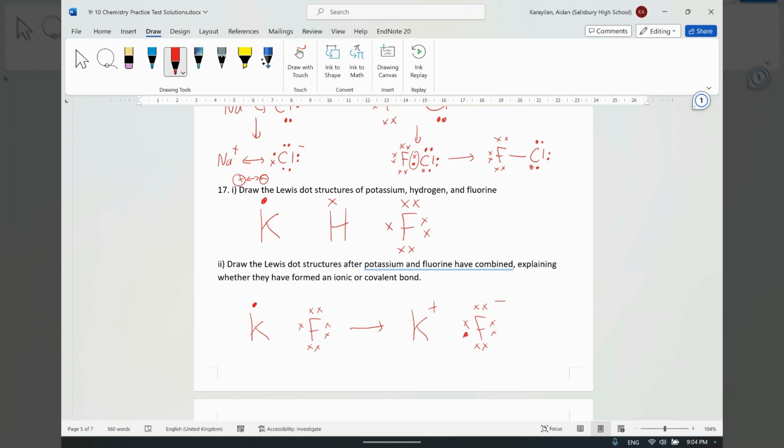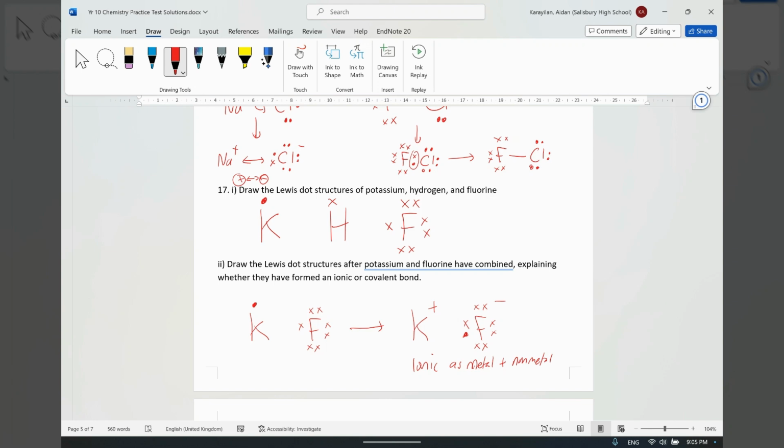So it's going to become a negative charge. So it's going to be ionic as metal plus non-metal.